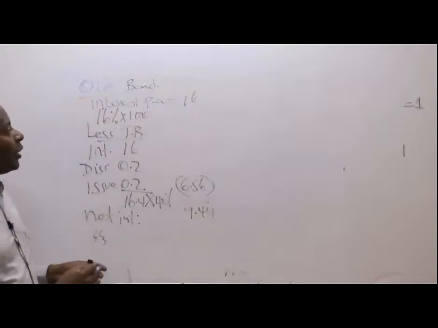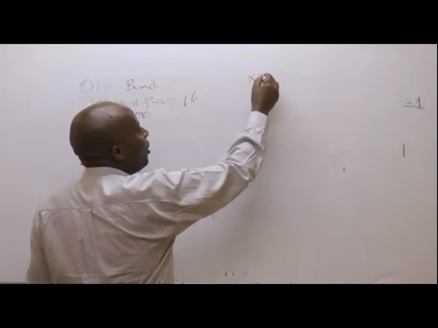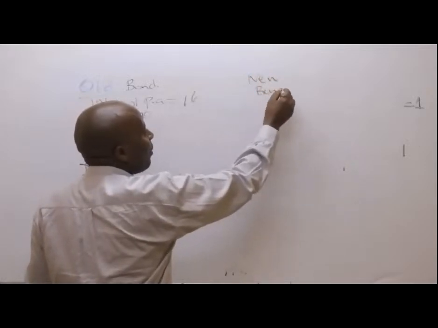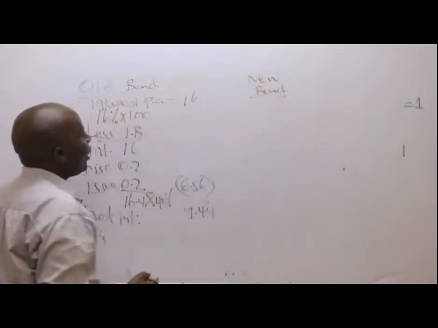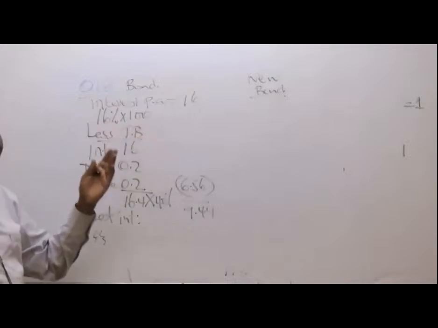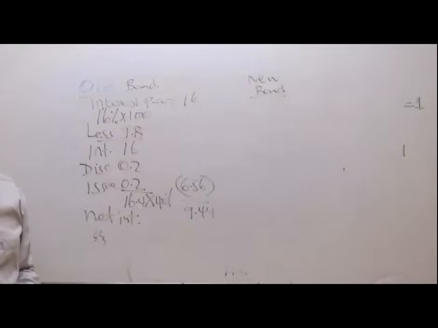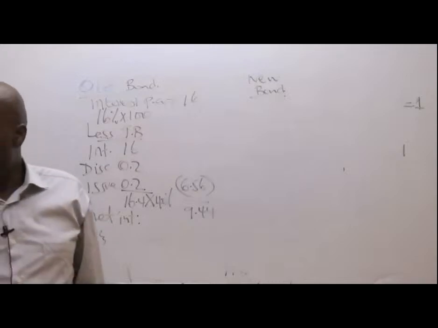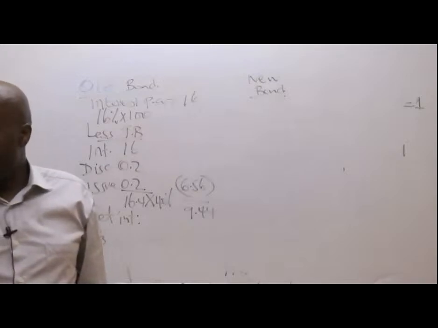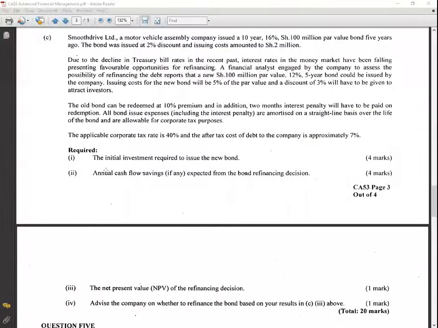Now, once you get that, come and give us the new bond. Start with the interest per annum of the new bond. Already we have our new bond percentage, which is given here.